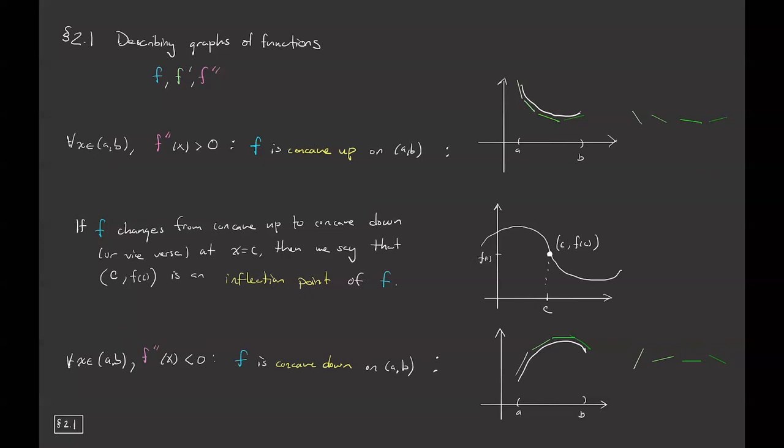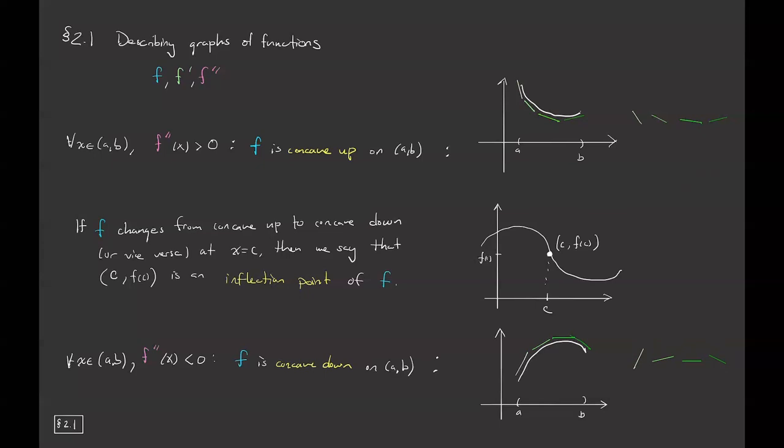So when you go from concave down to concave up, or vice versa, if you were at concave up and then go to concave down, just as long as you switch concavity, that spot at which you switch, you take the x value and then plug it into the function to get the y value.